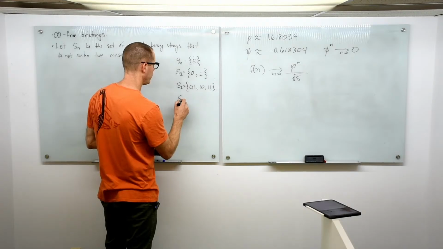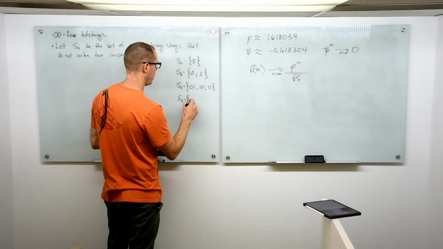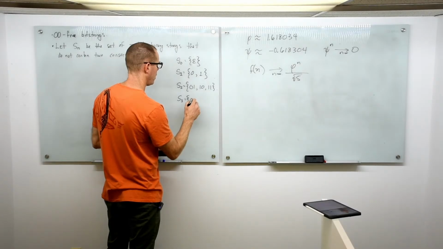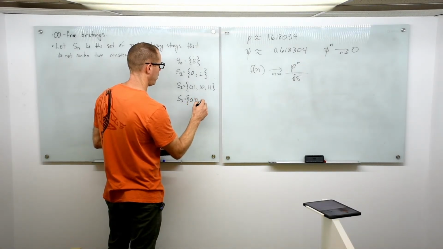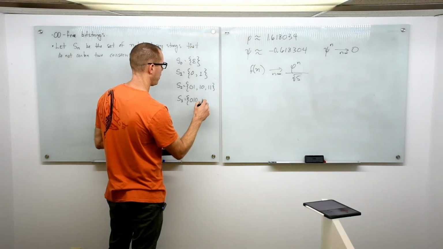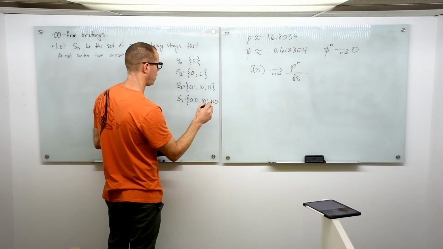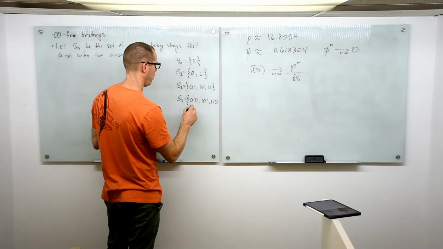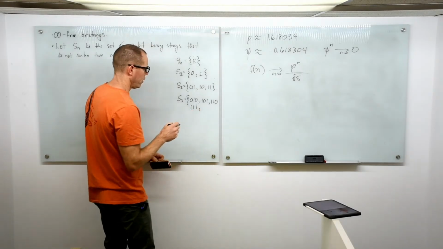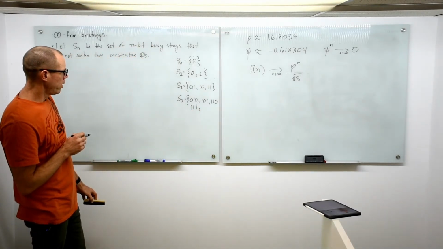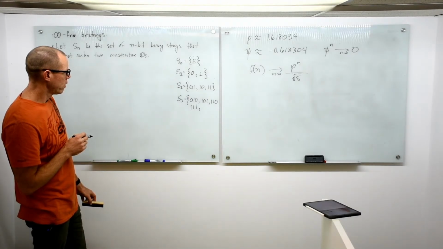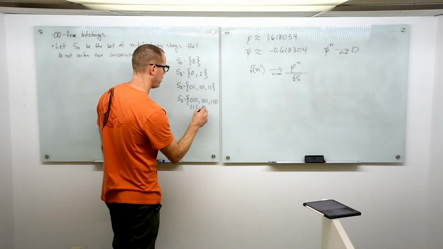And S of 3 has 010, 101, 110, 111, and I'm missing one, which is 011.